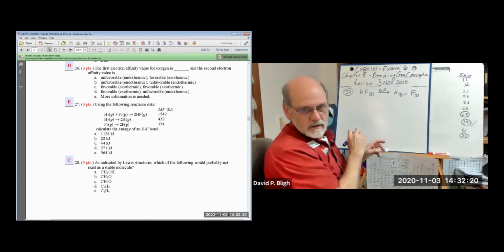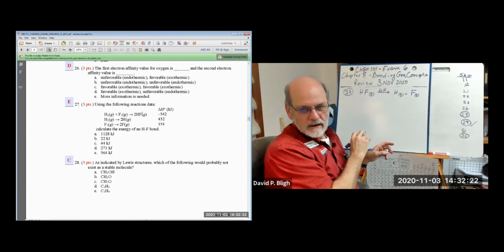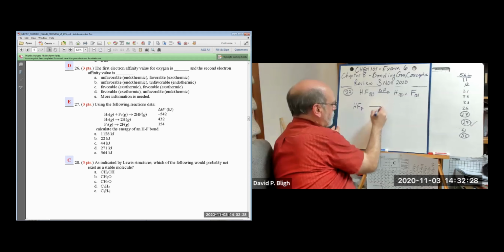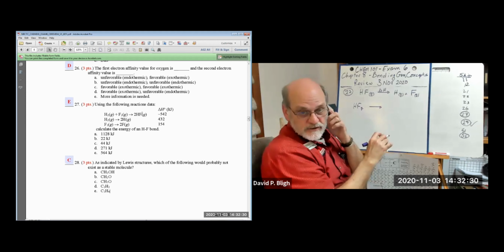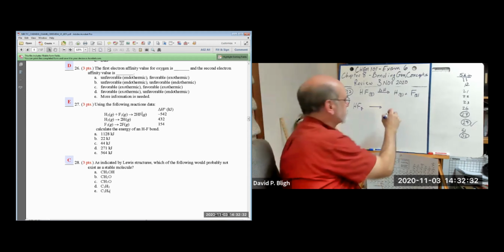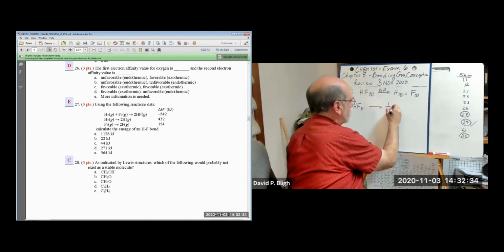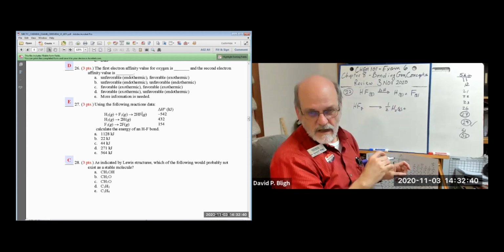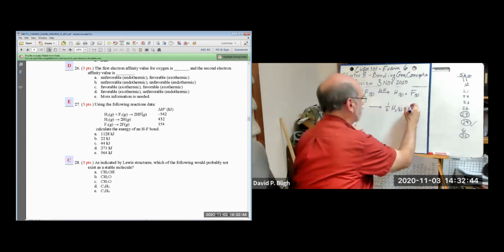So for HF on this side, yields half of H2 and half of F2.